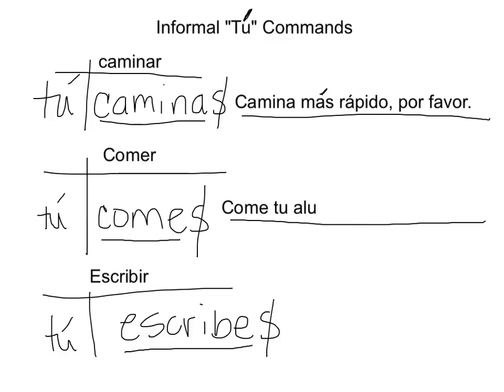Come tu almuerzo. How about write the recipe? Escribe la receta.